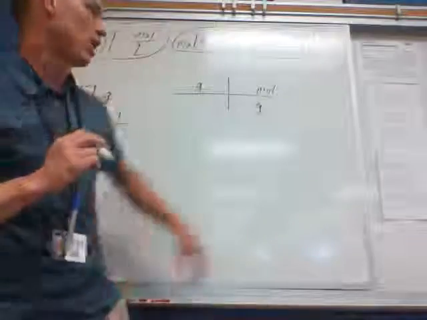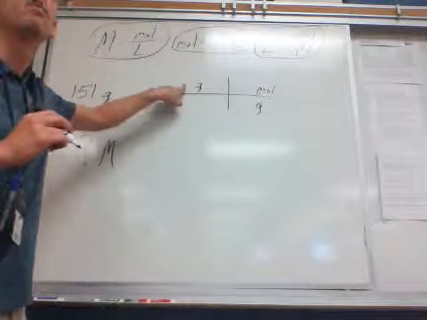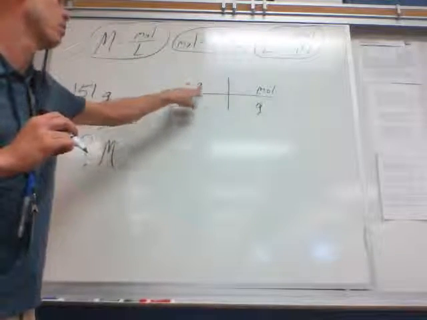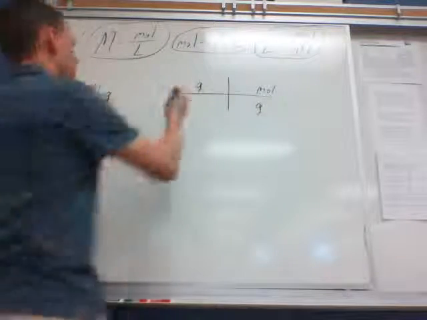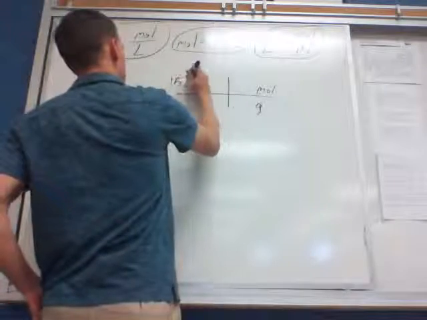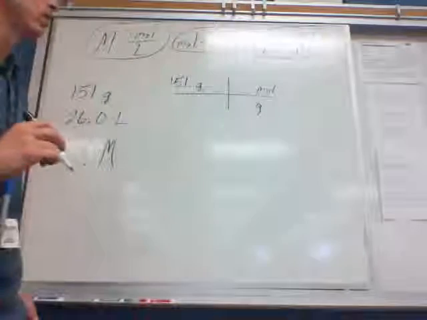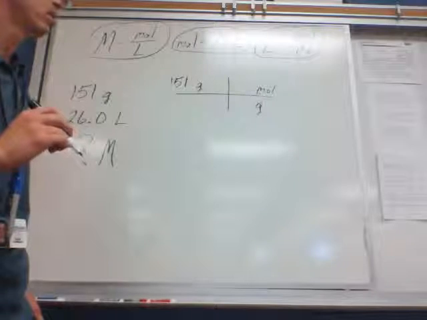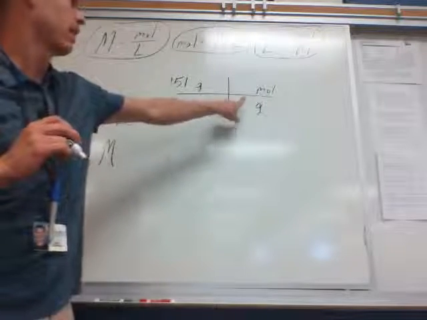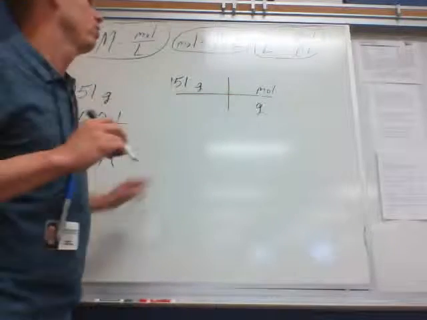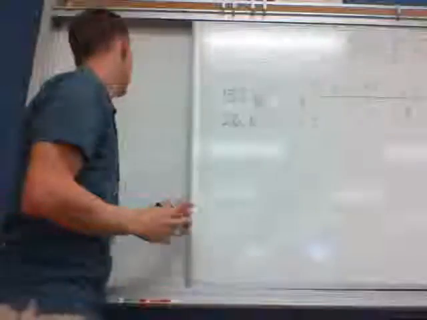All right, so let's check out the grid. The top left square here says the given number. What's the given number for grams? 151. What's that square down there say? Periodic table.